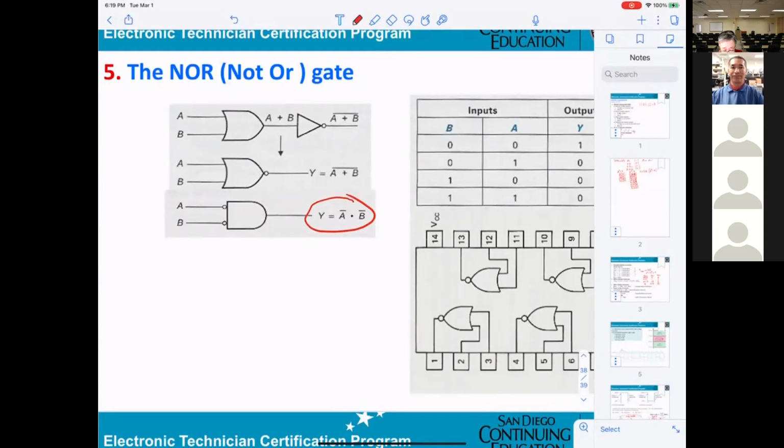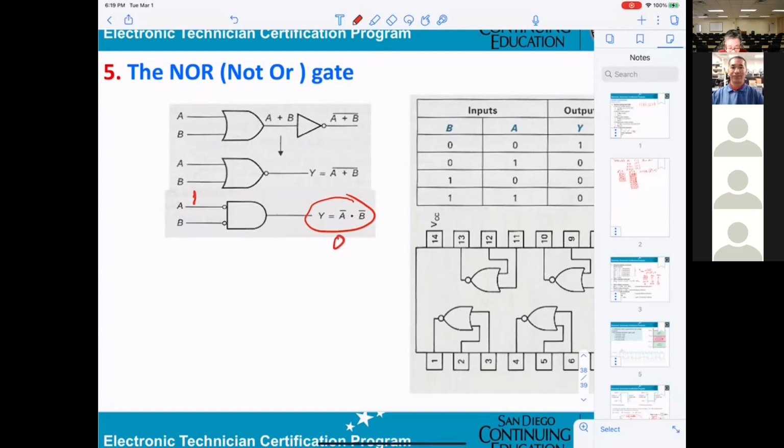A0, B0. Output is 1. Okay? Now, that's just telling you one thing. For the NOR gate, with one input equal to 1, the output must be 0.